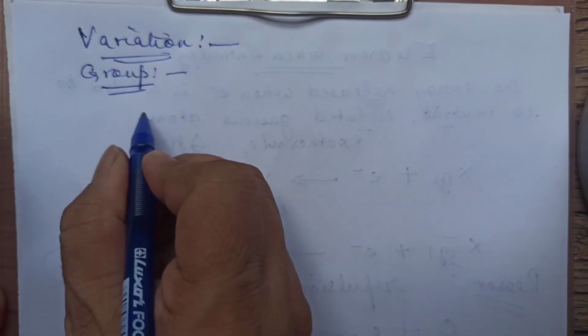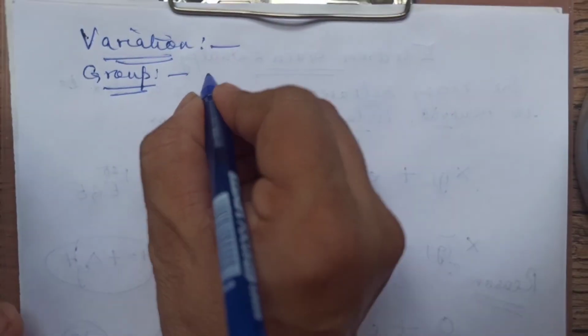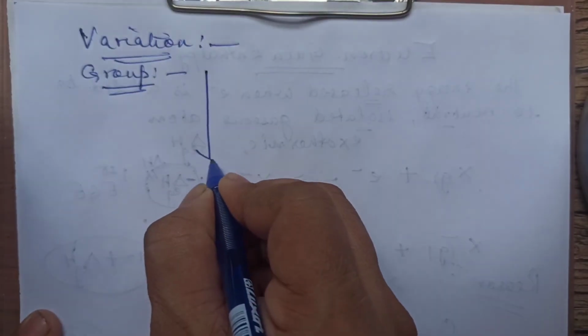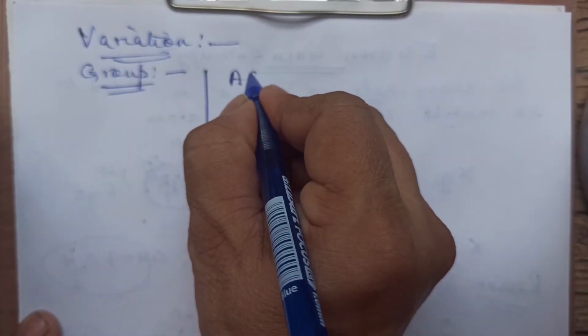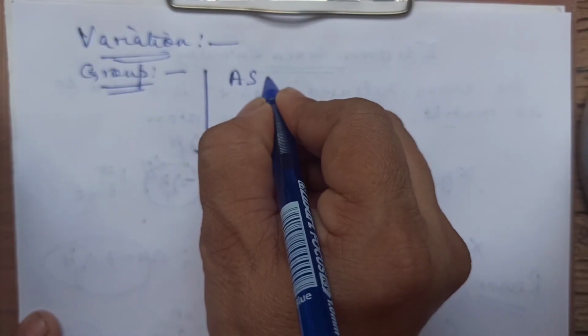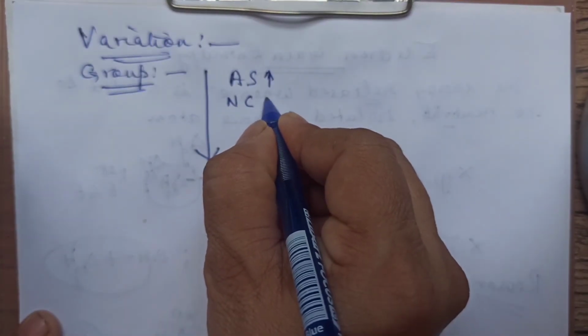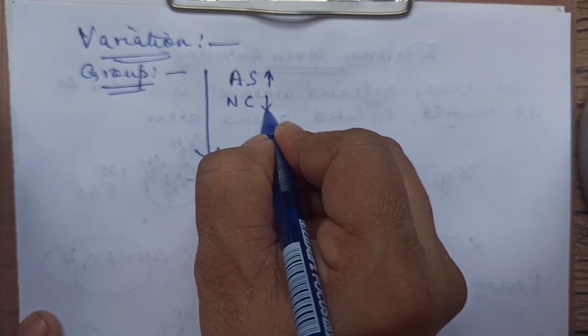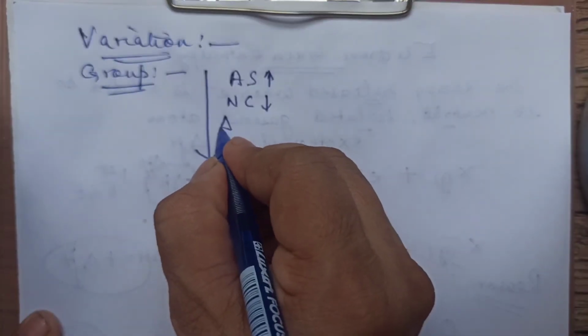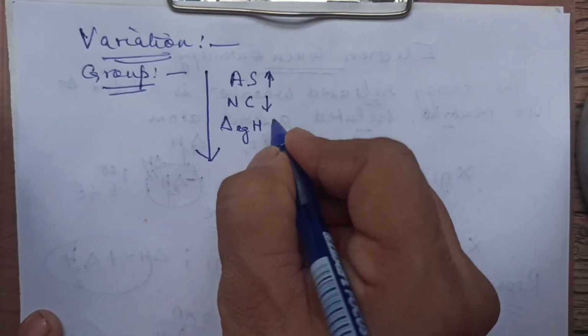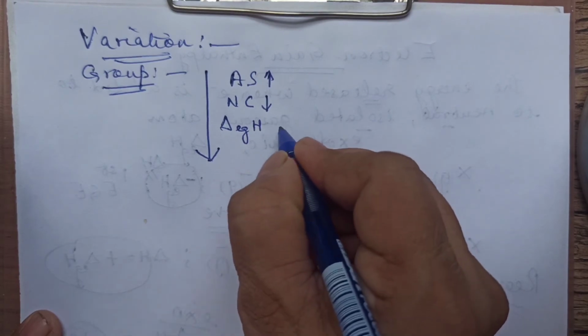See the variation in the group. We know that down the group, what is happening to the atomic size? Atomic size is increasing. The effect of the nuclear charge down the group is decreasing. So what will happen to the electron gain enthalpy? Electron gain enthalpy decreases down the group.